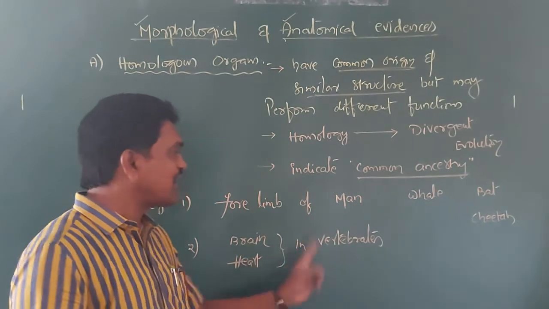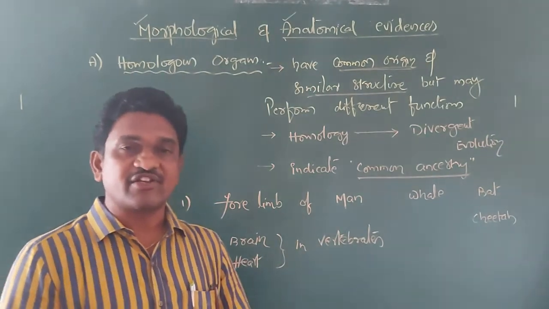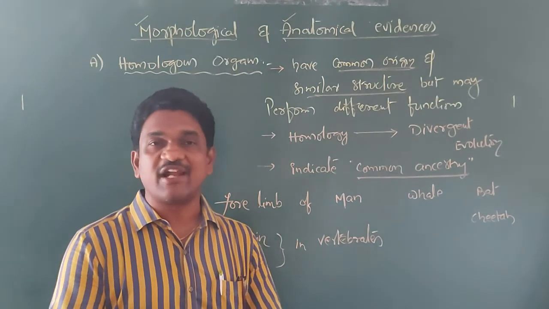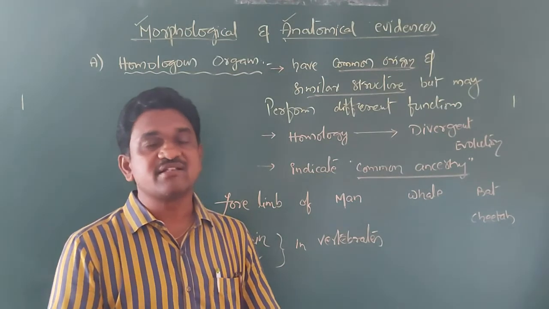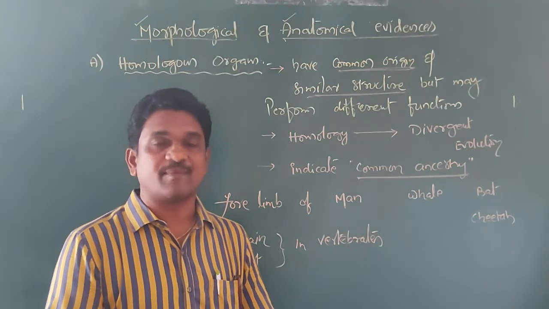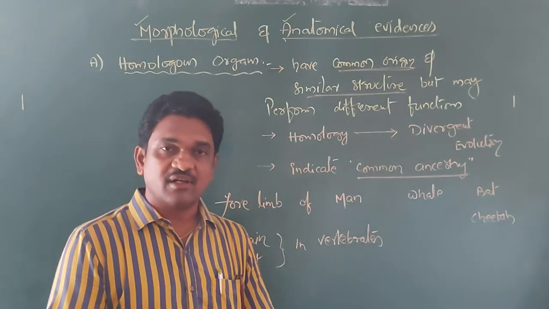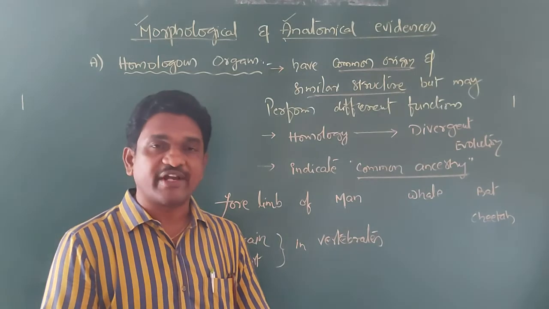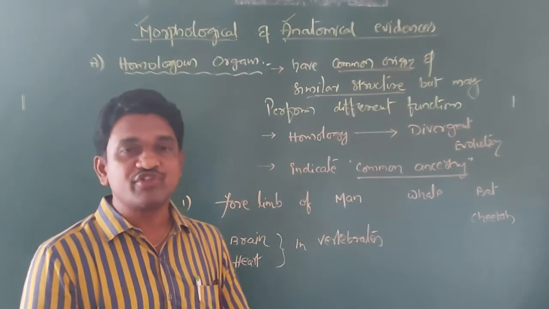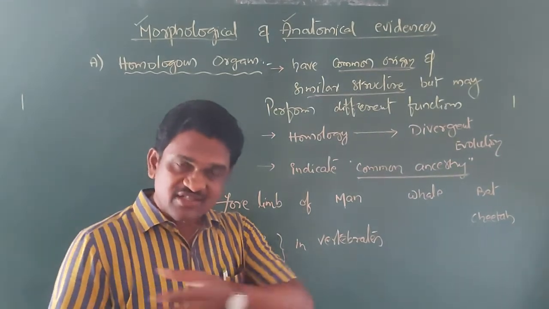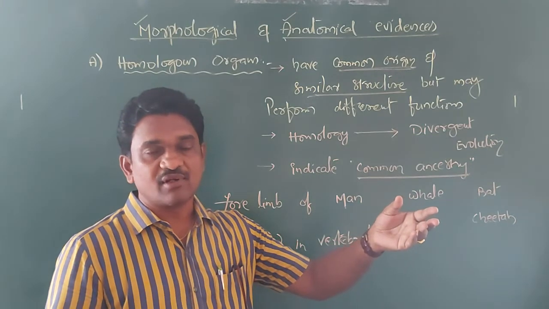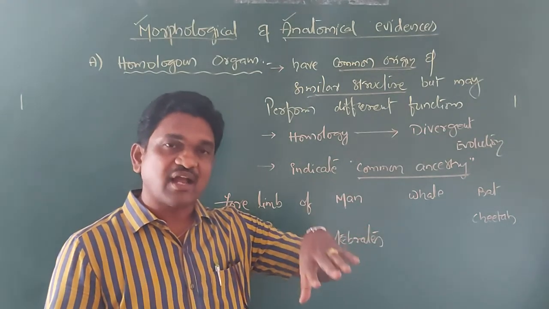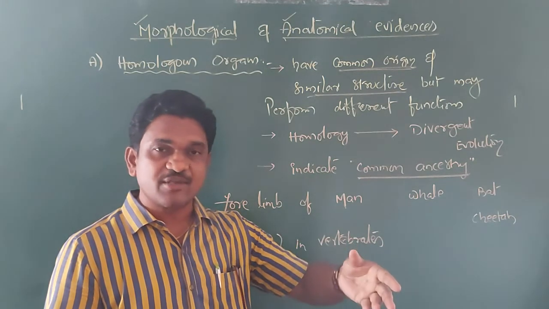Similarly, the heart of vertebrates is structurally the same in all organisms. In all vertebrates, the heart is made up of cardiac muscle and is composed of chambers. Some have two-chambered hearts, fishes; amphibians and reptiles have three-chambered hearts; crocodiles, apes and mammals have four-chambered hearts. Why this structural similarity?